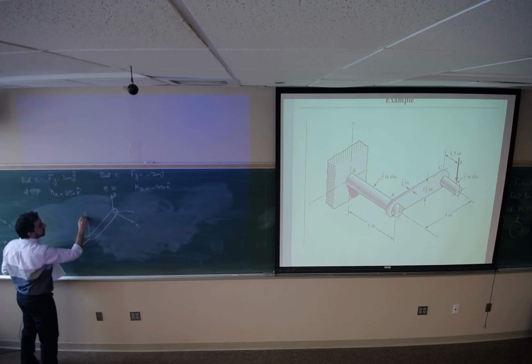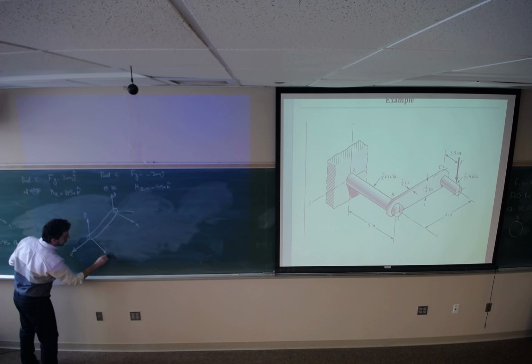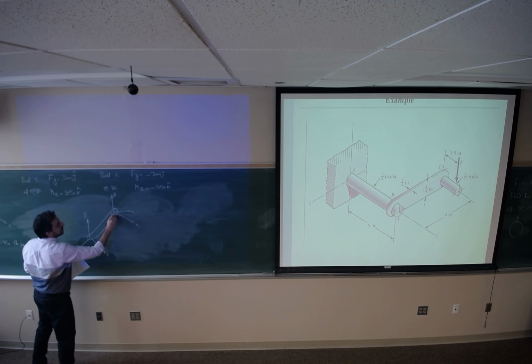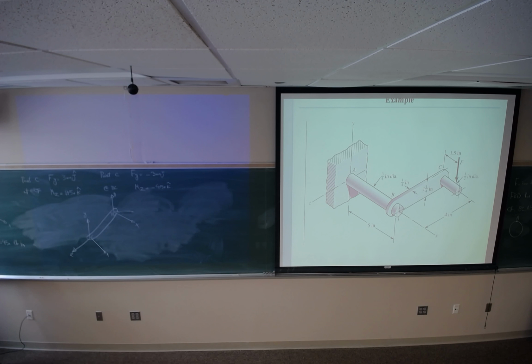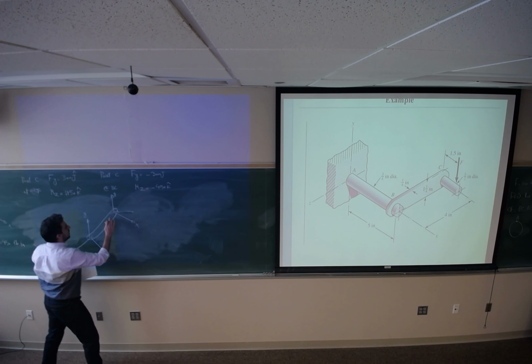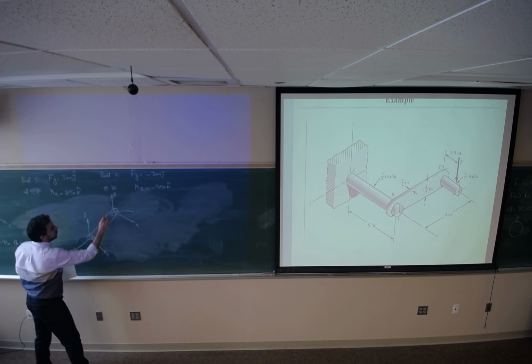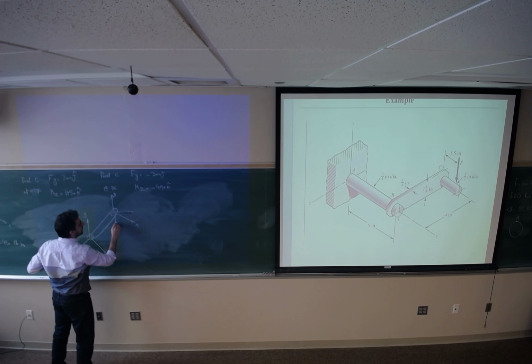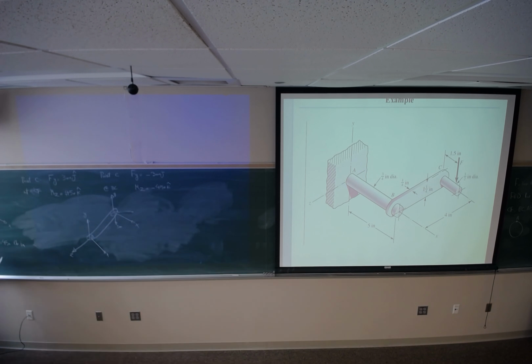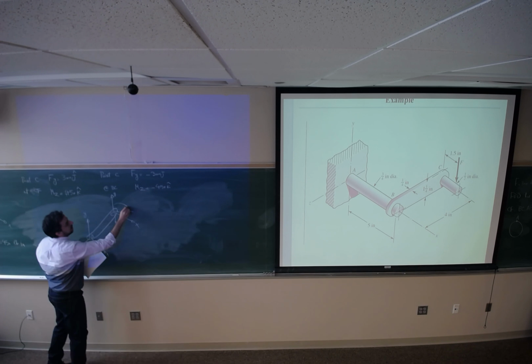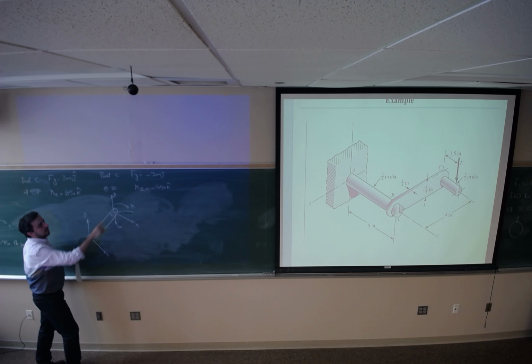Now let's look at component BC. At point C, I have negative 300, and negative MZ, rotating clockwise.